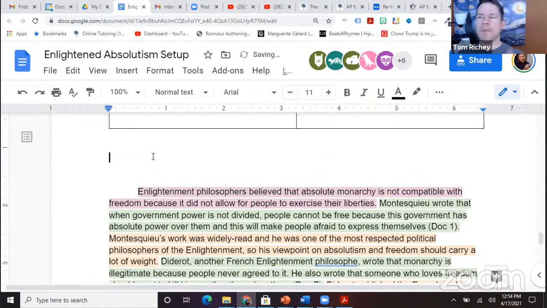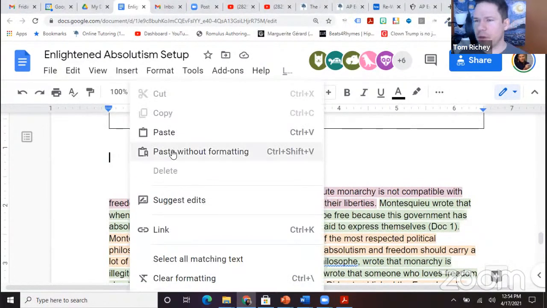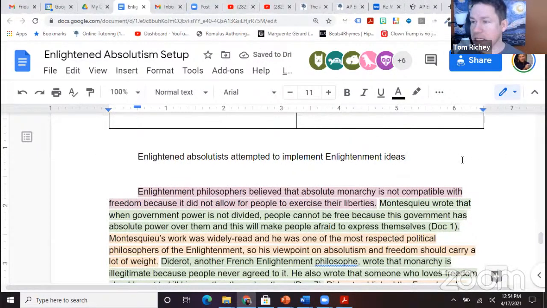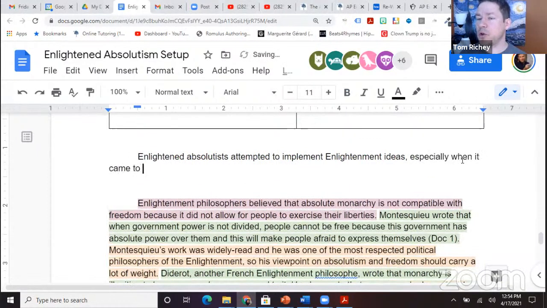Okay, and we're going to basically just combine these 2 paragraphs to make a thesis statement. So watch this. We don't have a lot of time left, so I'm going to go in pretty quickly here. Enlightened absolutists attempted to implement Enlightenment ideas, especially when it came to religion. So we see that Charles III of Spain expelled the Jesuits from his kingdom.